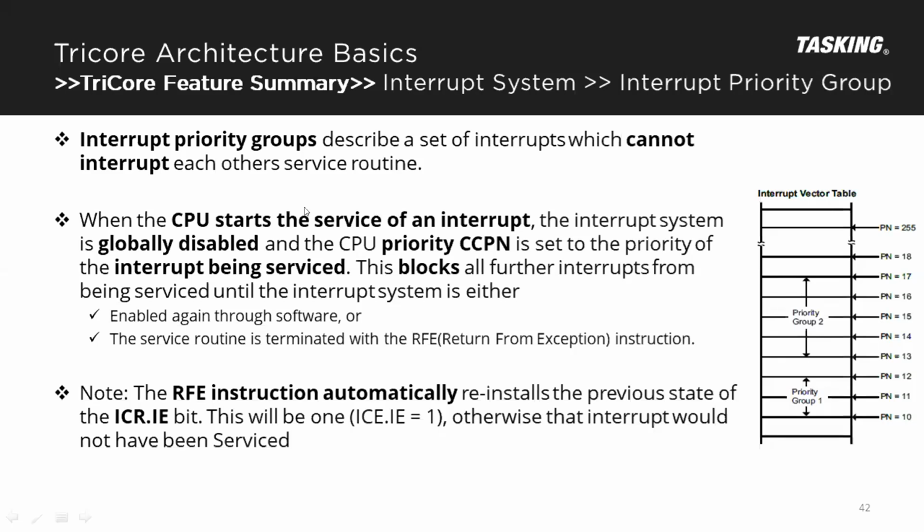When the CPU starts servicing the interrupt, as we agreed, the interrupt will be disabled, and it will be enabled again once you enable it from the software, or from the RFE instruction. RFE stands for return from exception instruction. This will enable the interrupt again with the IE bit inside the ICR register.